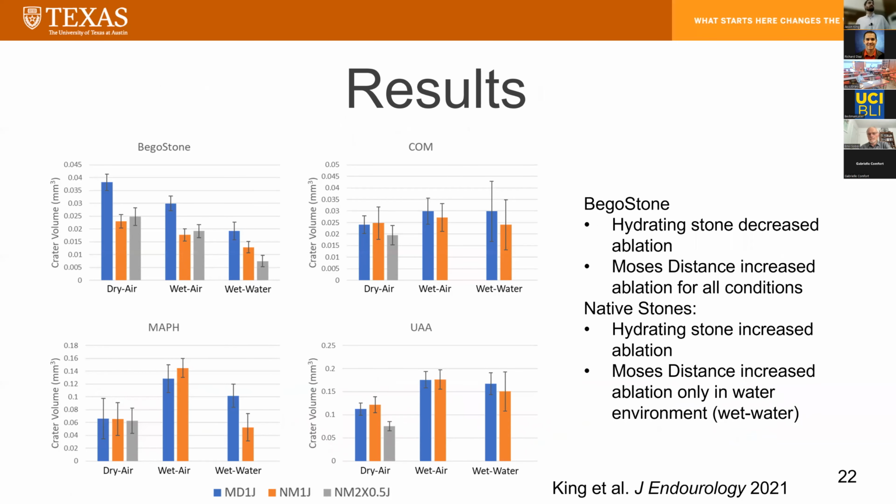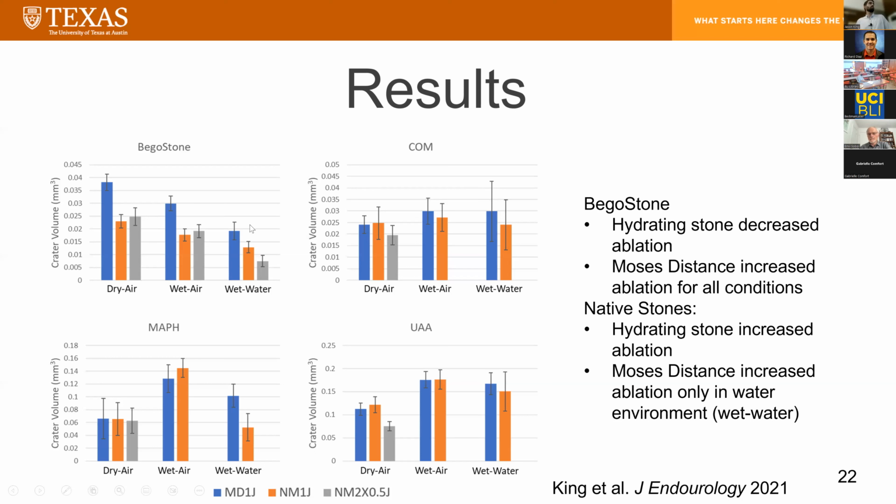So here's a summary of our results. There's kind of a lot of data here, but I just wanted to point out a few key points, some trends that we observed. So first, looking at the Vigo stone or the phantoms, you see as we went from dry stones to wet stones, we got a decrease in the amount of material removed or the ablation efficiency.